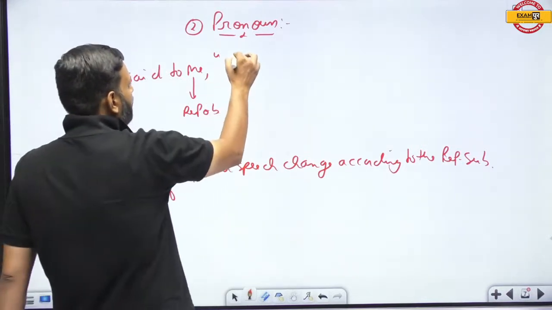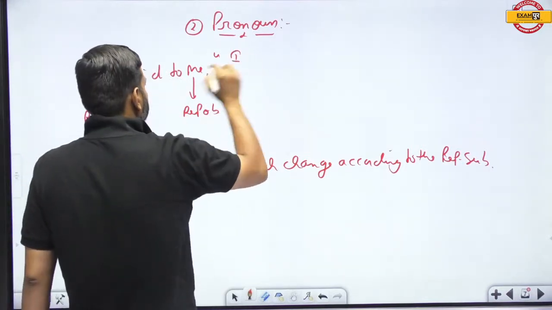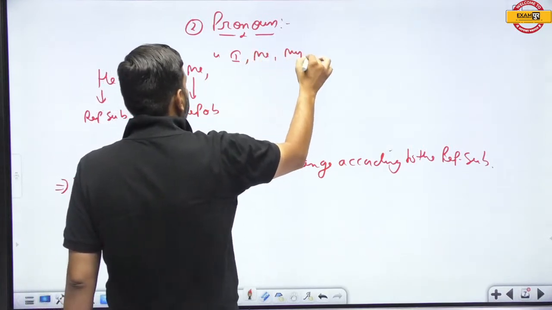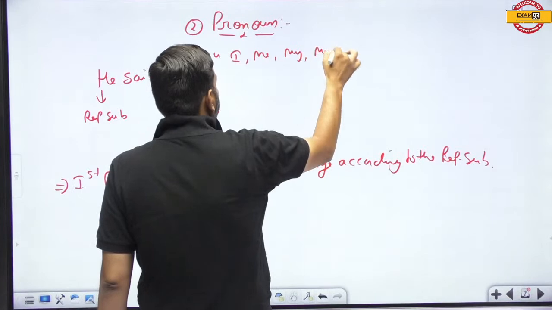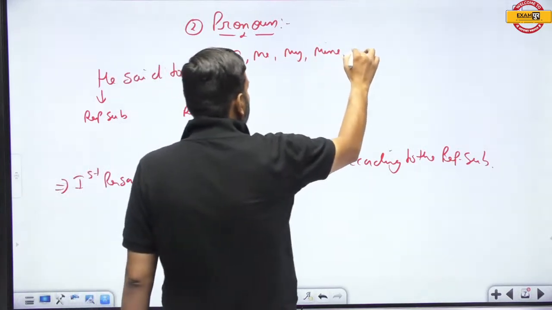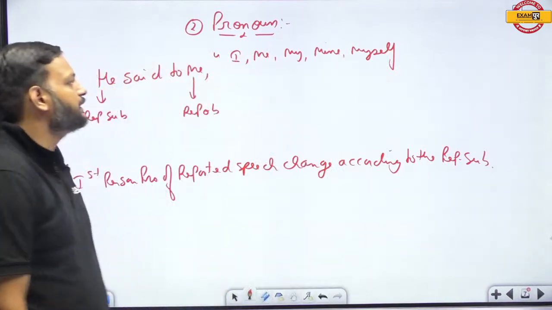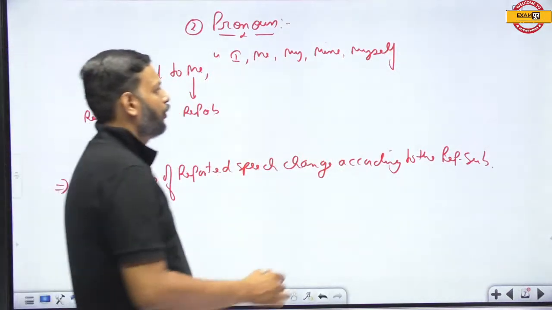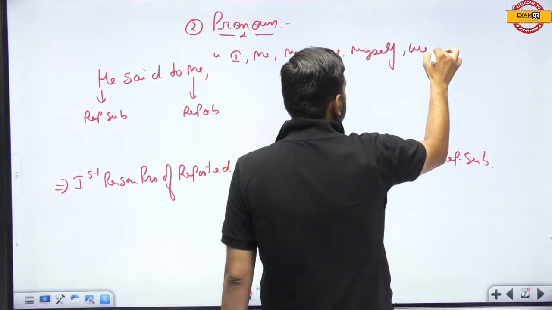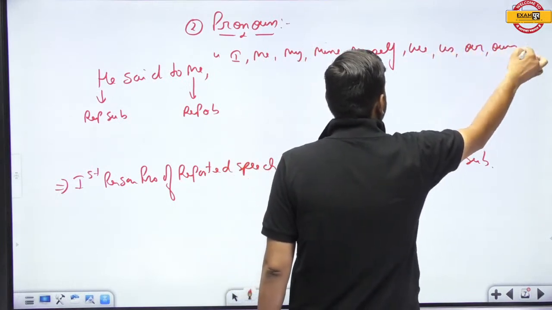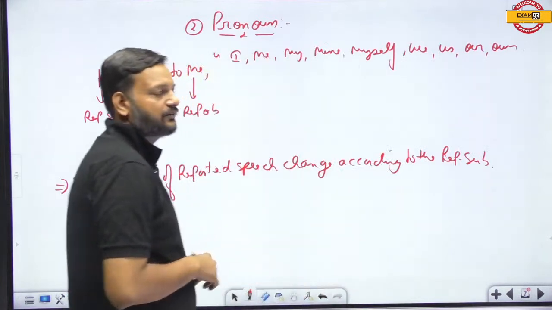So if there is I, me, my, mine, myself, all these are first person. I, me, my, mine, or we, us, our, ours and ourselves, all these are first person.